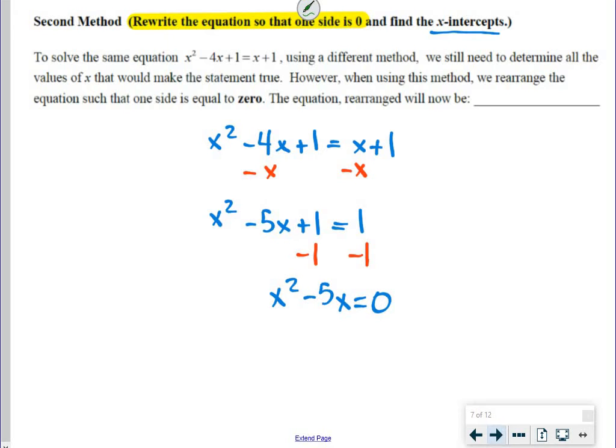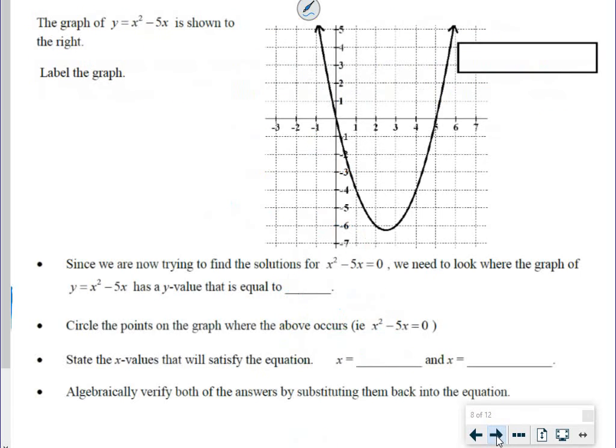So in this method, we'll put that in for y1. And if you like, y2 equals 0, but that's just the x-axis. So the equation, when rearranged, will be x squared minus 5x equals 0. Okay, the graph of x squared minus 5x is shown.